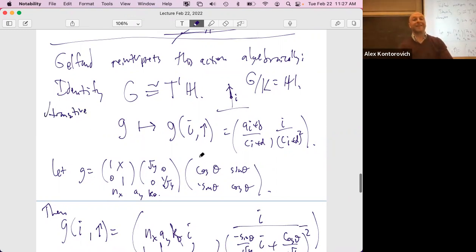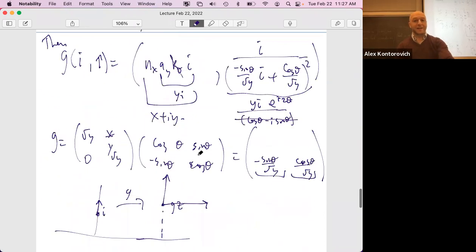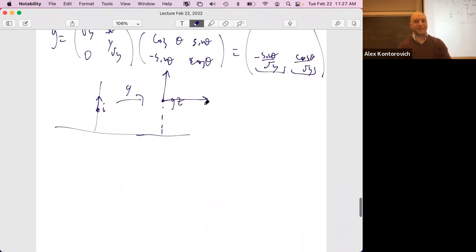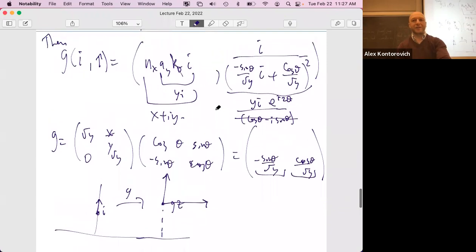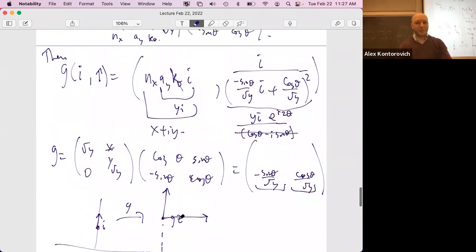The last thing you're saying is that you can choose your theta to line up. Yes, exactly. If I want to get to any tangent vector to this point gz, which is x plus iy, there's one per direction, because it's unit. Any vector in the unit tangent bundle to x plus iy has length yi and some angle.